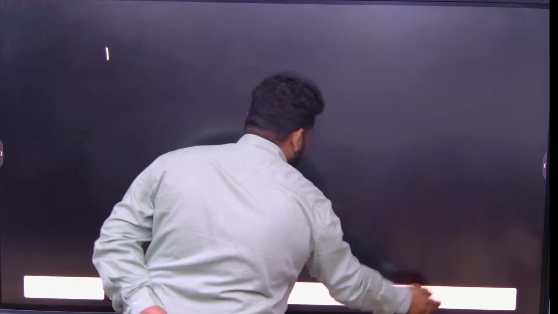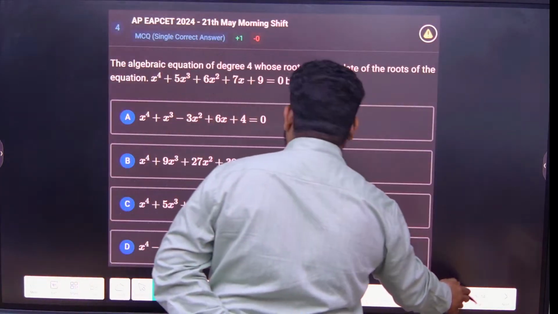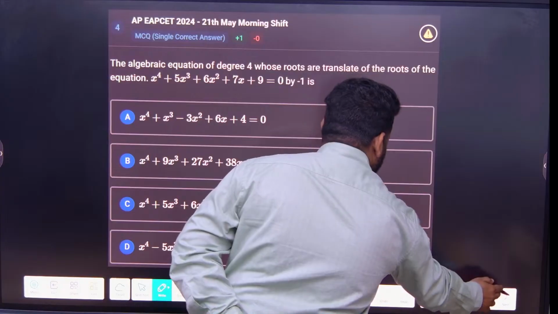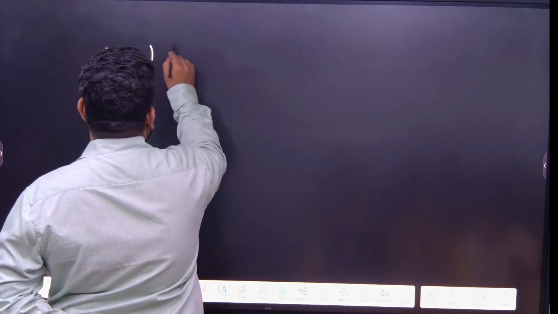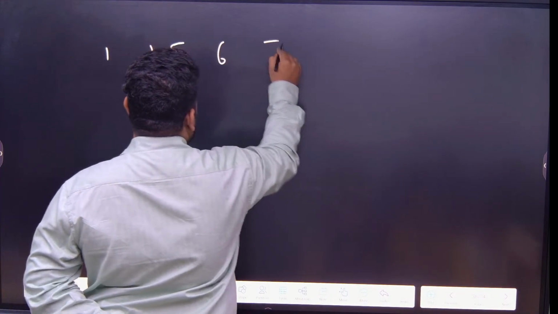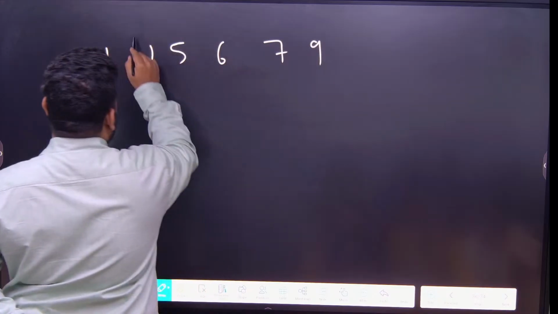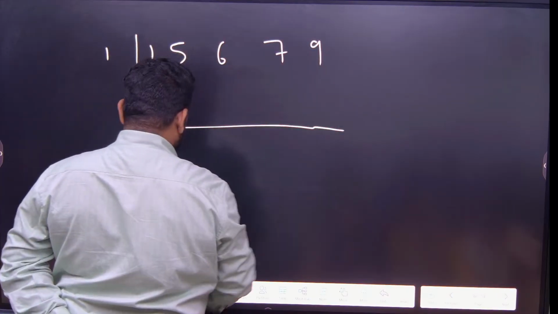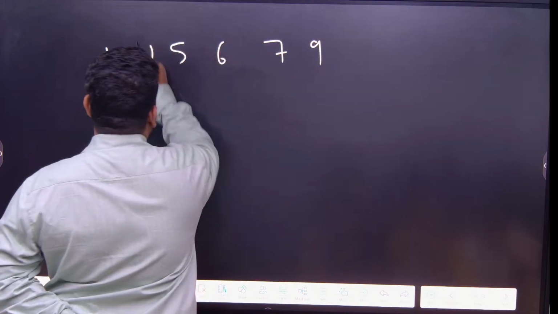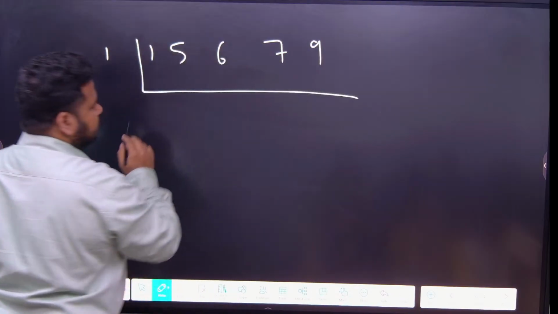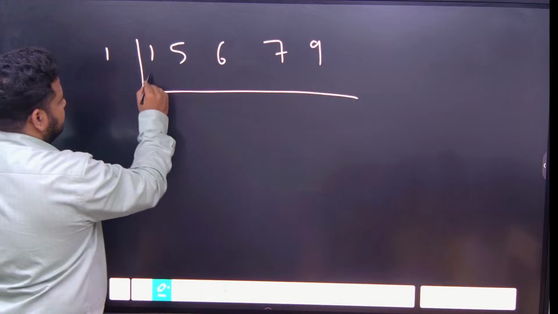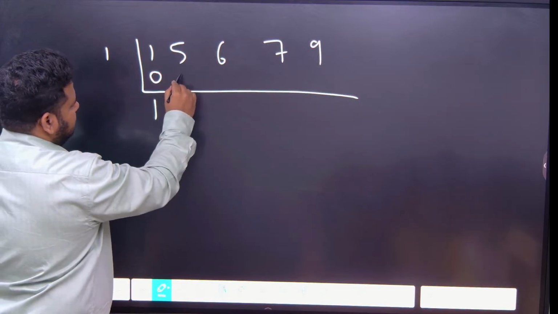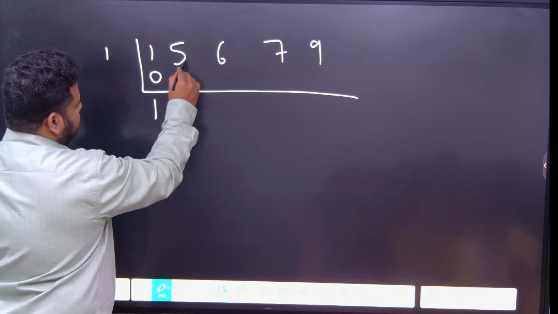Now we have to take 1, 5, 6, 7, 9. So we have to apply synthetic division. Synthetic division we have to apply for this. Write 0, 1. 1 ones are 1. This will be 6.